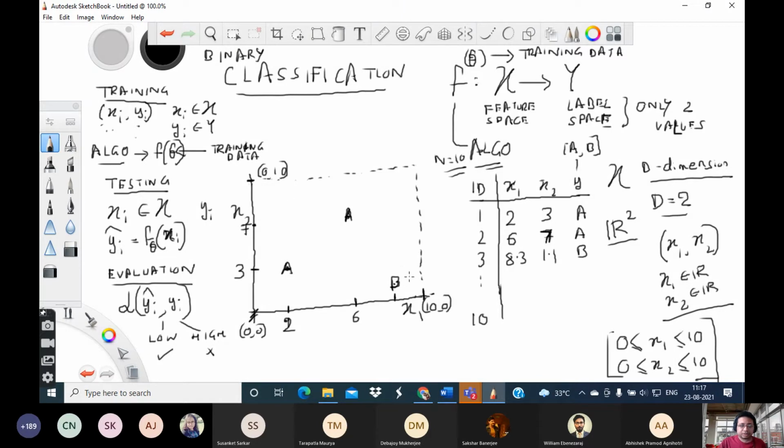Similarly, just like this, I will have 10 points, and I am not writing down the features of all 10 points. But let us just say that we may have the points distributed on this space, and I can plot them somewhat like this.